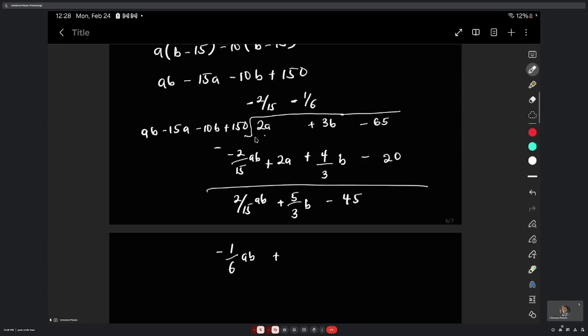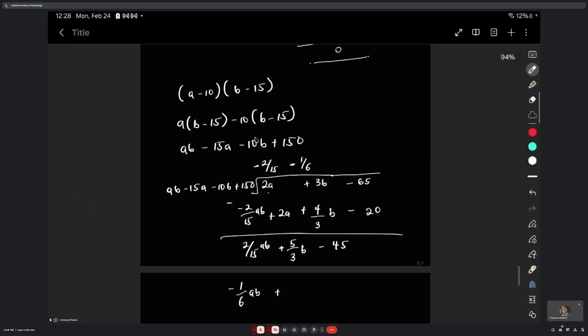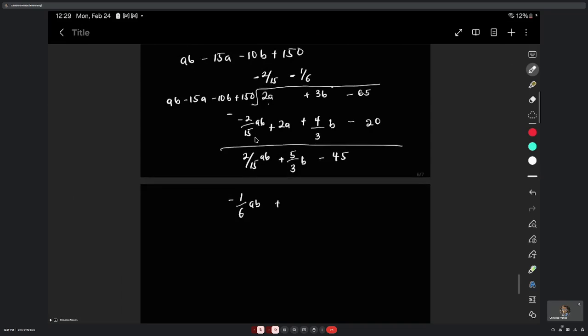Wolfram Alpha. But there's no need. Let's just move forward, but then confirm that we will actually get to the same thing.